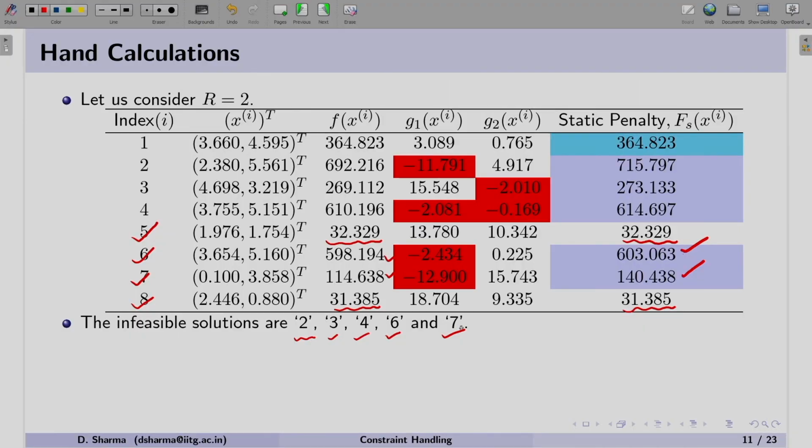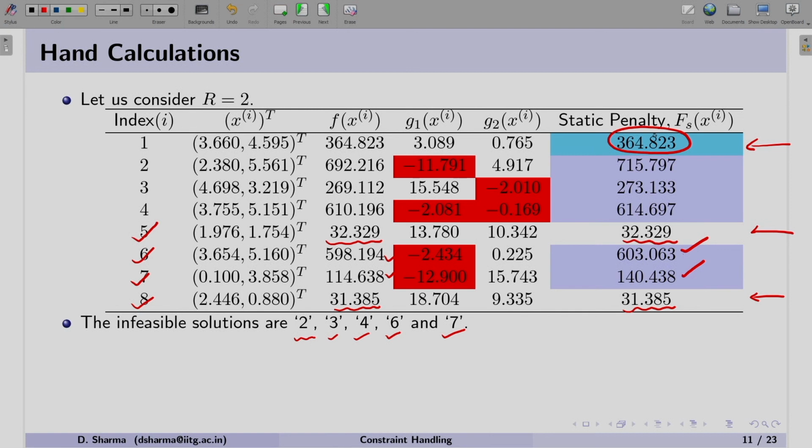In this table, solution number 1, solution number 6 and solution number 8 are feasible solutions. Among these three solutions, solution number 1 is the worst feasible solution looking at their fitness value.